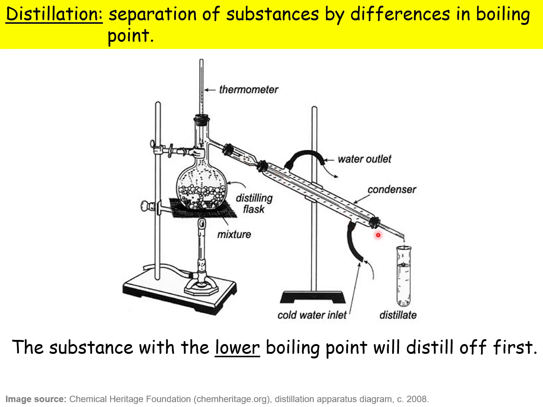We have cold water going around the outside of the condenser tube, causes the alcohol to condense back down into liquid alcohol, and then gets collected over on the other side as a concentrated alcohol. It's called the distillate. The thing is that some of the flavorings in the wine also have low boiling points, and so they get carried over as well. So the key thing with distillation is that the substance with the lower boiling point will distill off first because it starts boiling first.